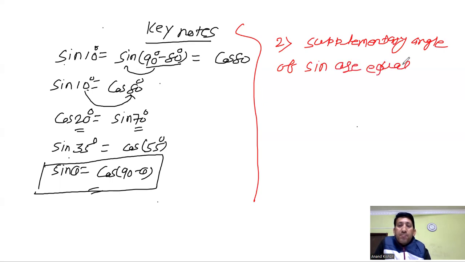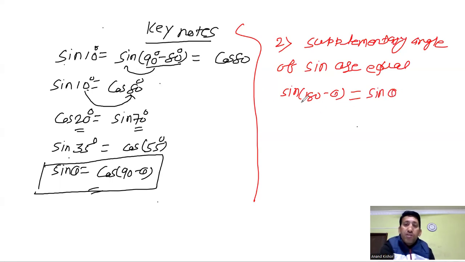This means sine 180 minus theta is sine theta, because this is not 90 or 270, so the ratio will be the same, sine and theta. This is the second quadrant, where sine is positive, so positive.